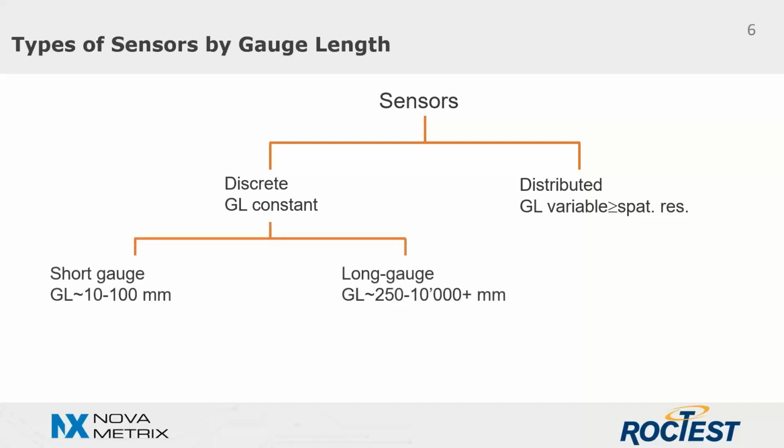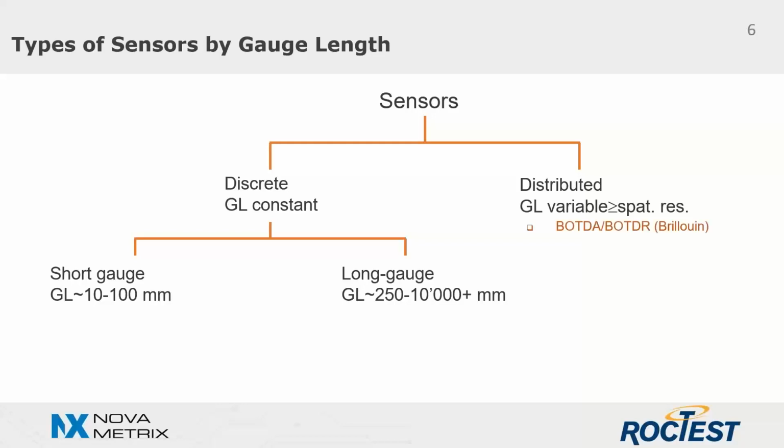Discrete sensors are divided between short gauge with a typical length from 10 to 100 millimeters and long gauge deformation sensors with a length from 25 centimeters to 10 meters.